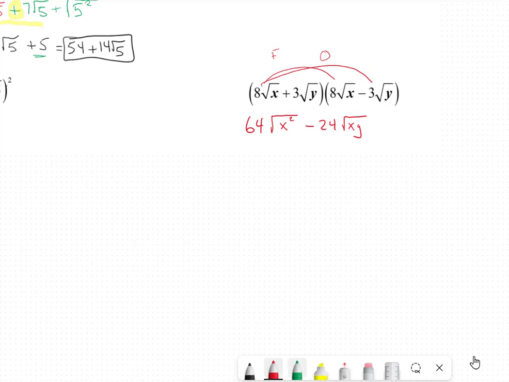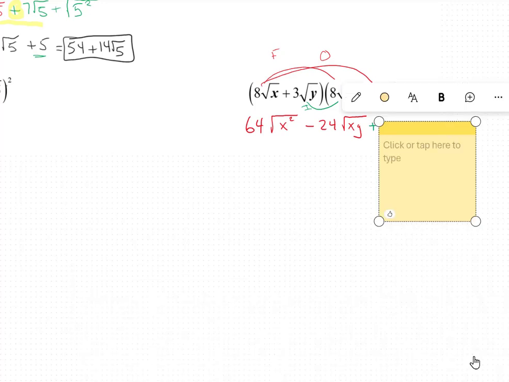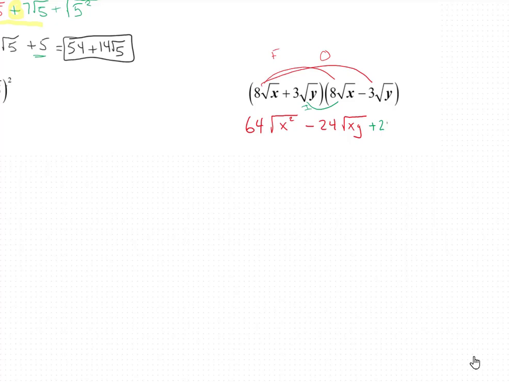Okay, now we're going to continue with the FOIL method. This is the inner multiplication, the I part of FOIL. 3 root y times 8 root x. Positive 3 times positive 8 is positive 24. And the square root of y times the square root of x is the square root of xy.